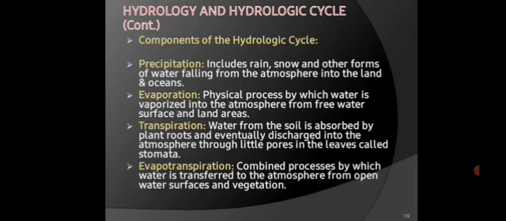And evapotranspiration is the combined process by which water is transferred to the atmosphere from open water surface and vegetation cover. So evaporation and transpiration are physical processes in which water is vaporized from earth surfaces and enters the atmosphere.